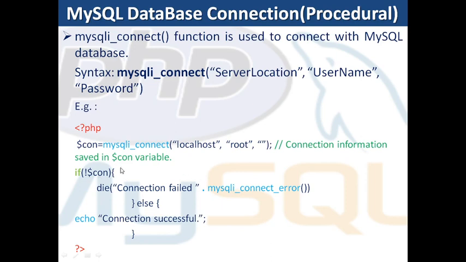If this $con variable does not exist, then I have used a die function so that further execution of the PHP script stops. Die with connection failed, and then it will generate the error due to which the connection has failed. Otherwise, if the $con variable exists, then echo connection is successful.